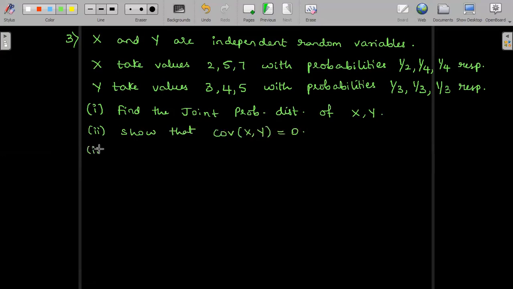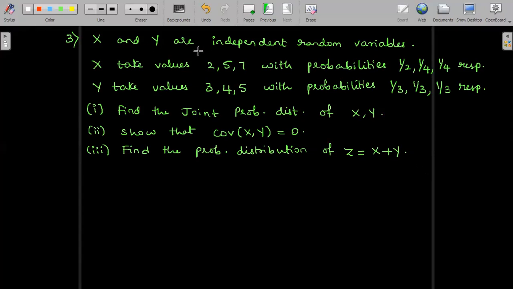And thirdly, find the probability distribution of z is equal to x plus y. We need to find the probability distribution of z is equal to x plus y.